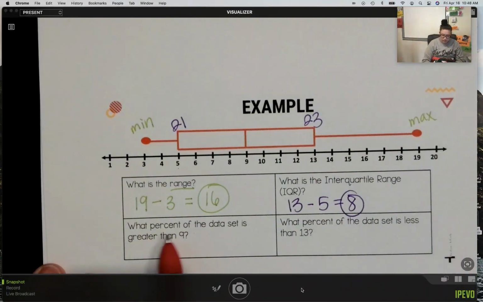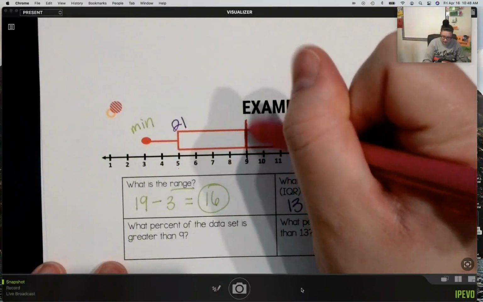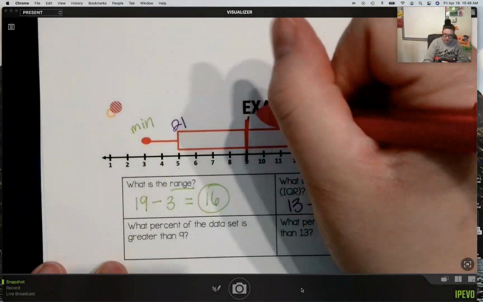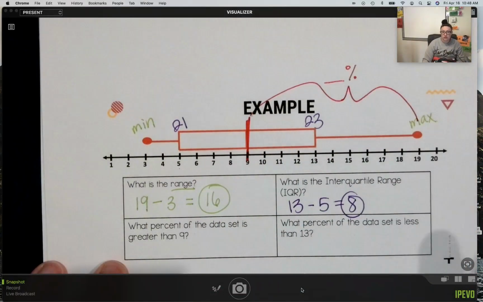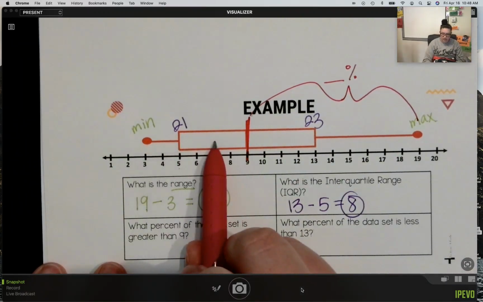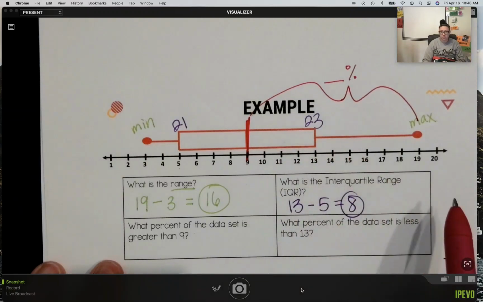Our next question is, what percent of the data set is greater than 9? So here I see I've got 9. I want to know what percent is greater than 9. We talked about how each section has a percent in it.